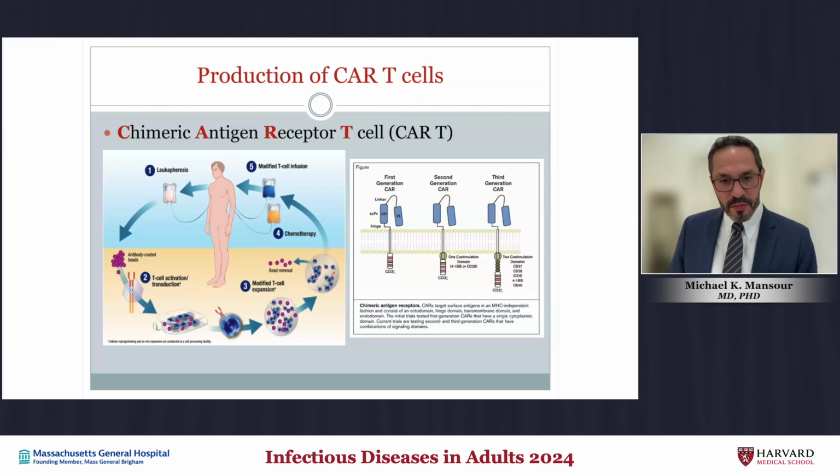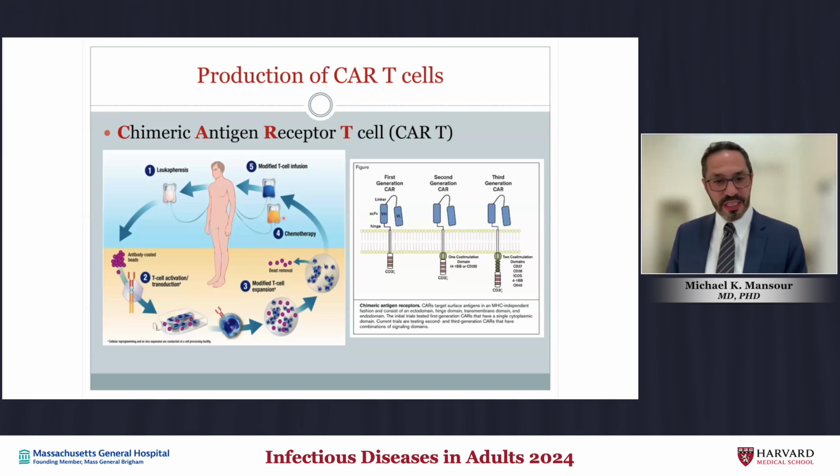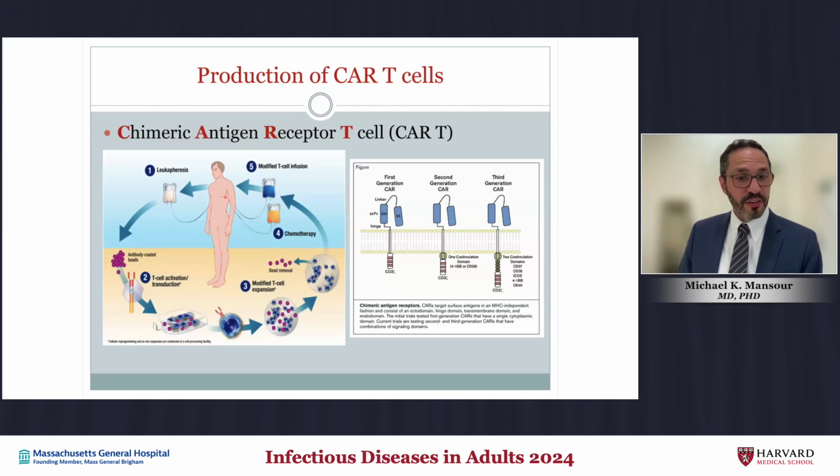They'll prepare them, send them back to the hospital where this patient's being treated, and then they'll be infused, okay? And so to infuse CAR T cells, you do need to give this patient some chemotherapy to condition them and prepare them for the infusion of the CAR T cells. So there is some chemotherapy associated with CAR T treatment, and then the CAR T cells are infused.